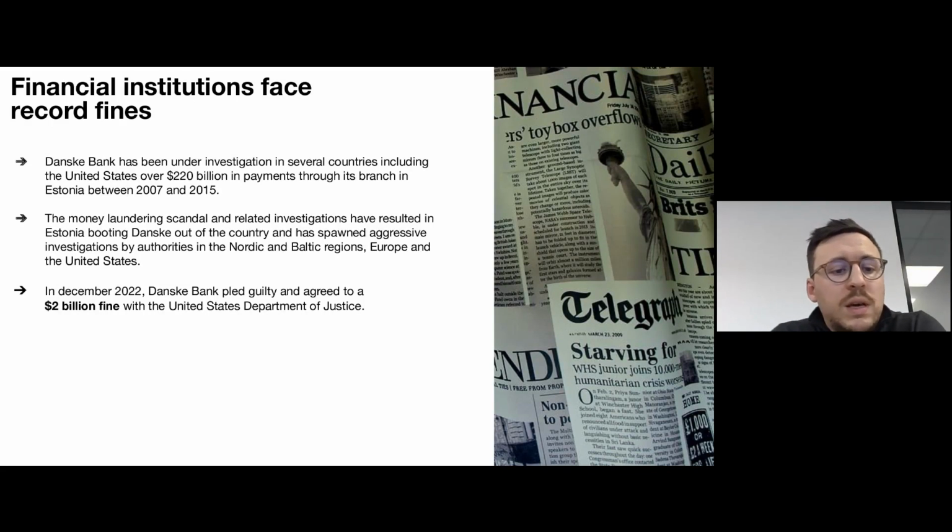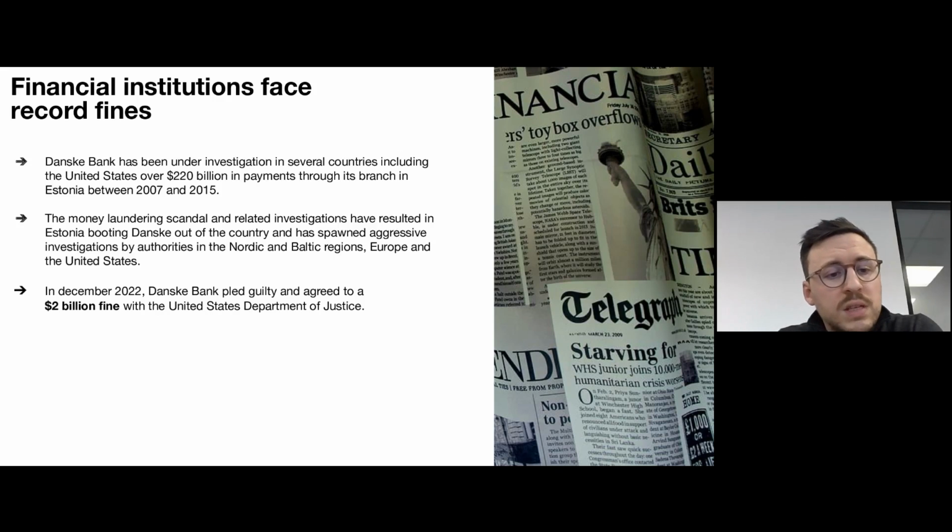We have seen recently failings in identifying, monitoring, analyzing, and documenting transactions, and significant gaps in transaction monitoring systems can lead to strong fines.